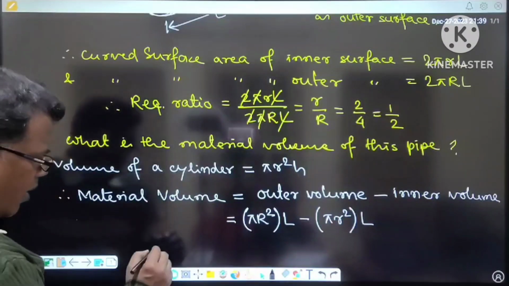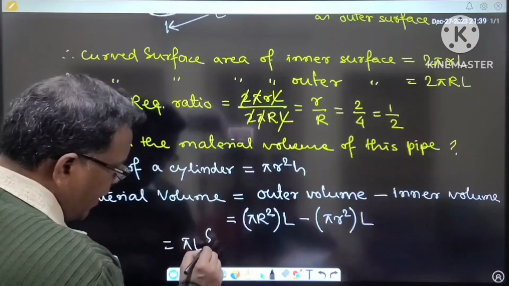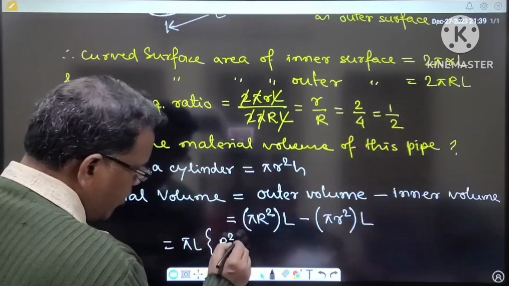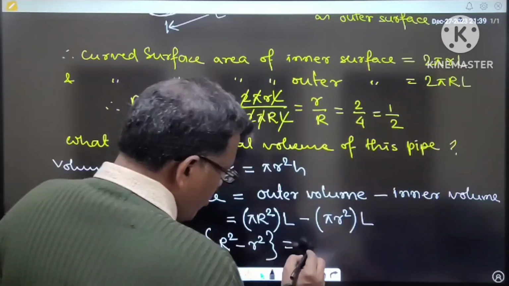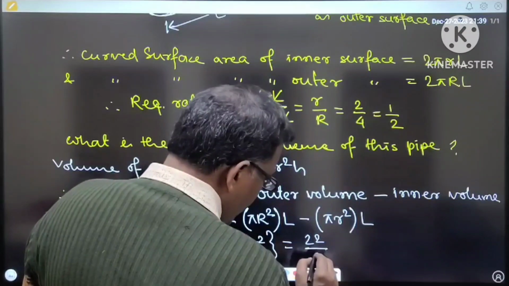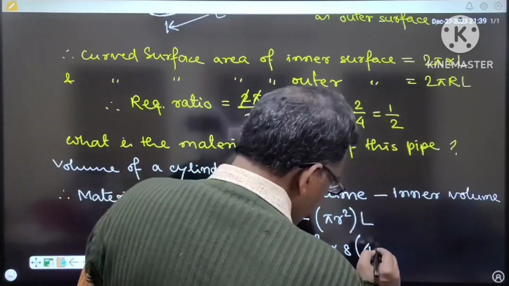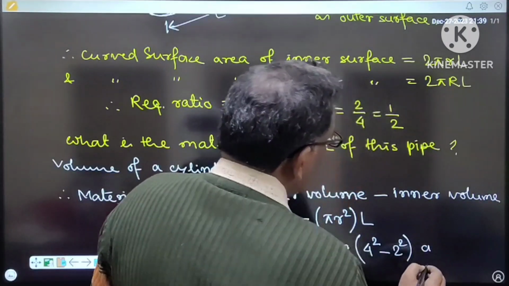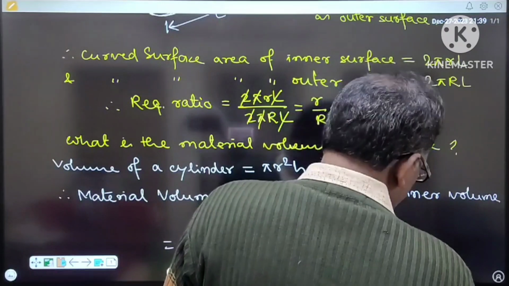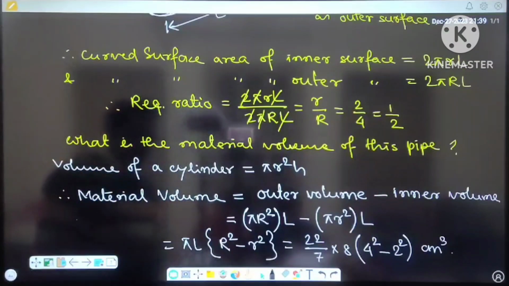Substituting the values, pi into L, you can take common, into R square minus small r square. Pi as 22 by 7 into length 8 into 4 square minus 2 square. This much centimeter cube, as the volume is in centimeter cube unit.